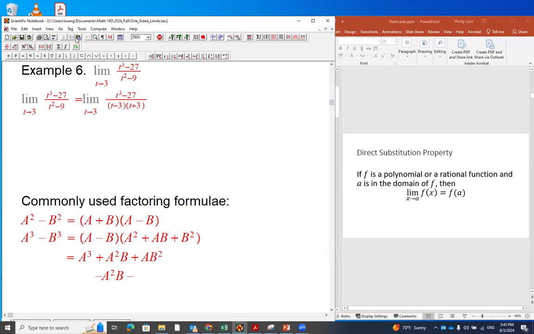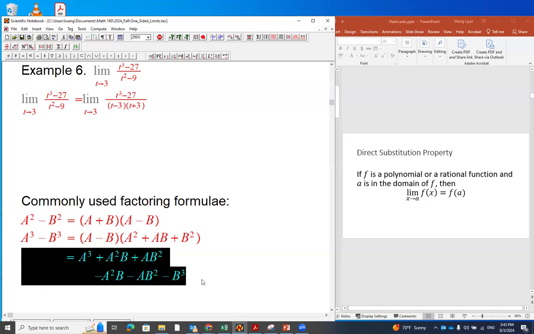And the negative b times b to the power 2 equals minus b to the power 3. So I've verified, because these two make 0 and these other two make 0 as well. So I have just verified my formula.